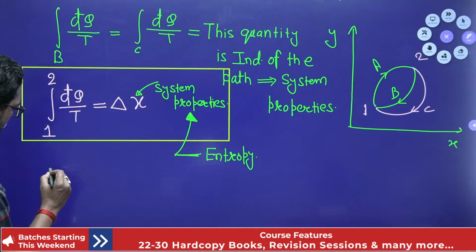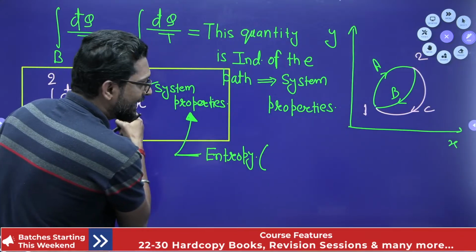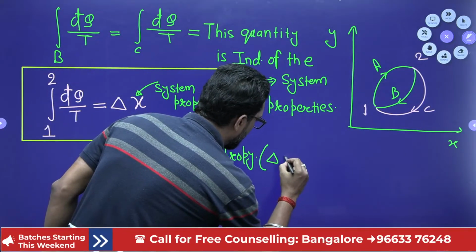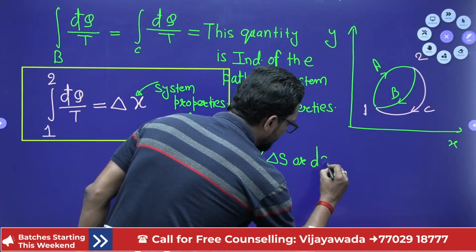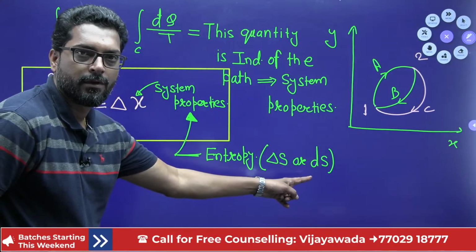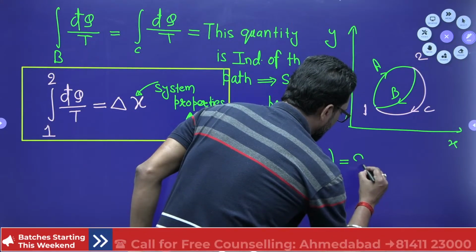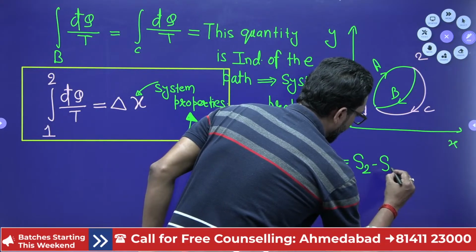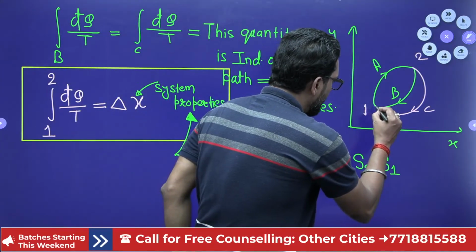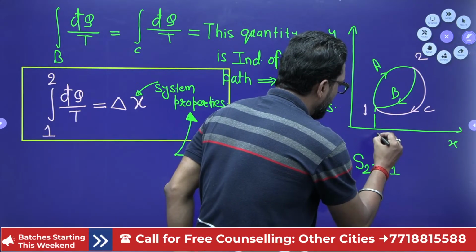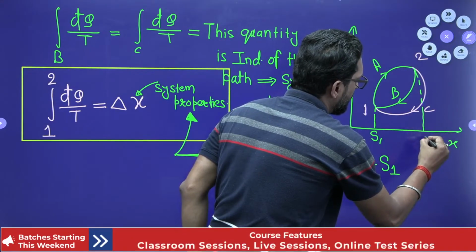For any process, this is delta S, or you can write dS, and this is exactly equal to S2 minus S1, entropy at point 1, S1, and entropy at point 2, S2.